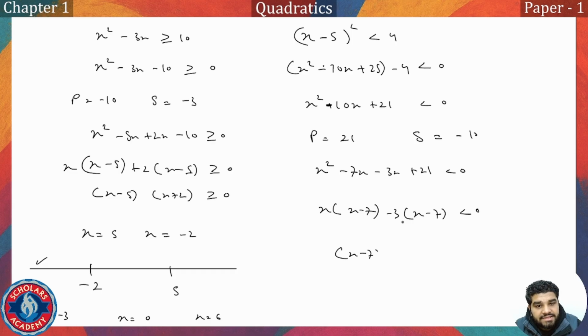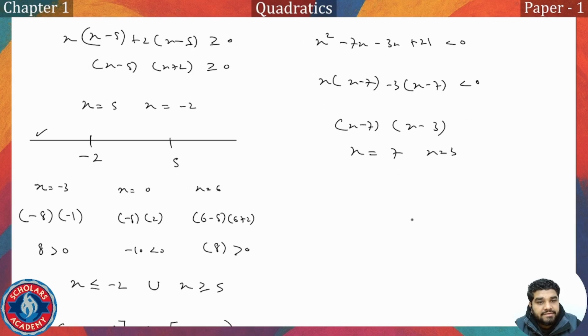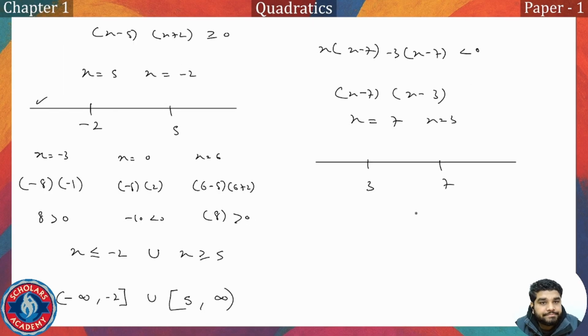I get (x minus 7) and (x minus 3). So zeros are x is equal to 7 and x is equal to 3. So the real line gets divided into three intervals: negative infinity to 3, 3 to 7, and 7 to infinity.